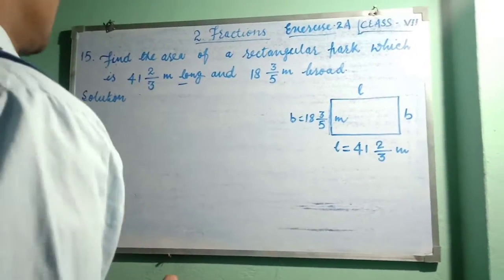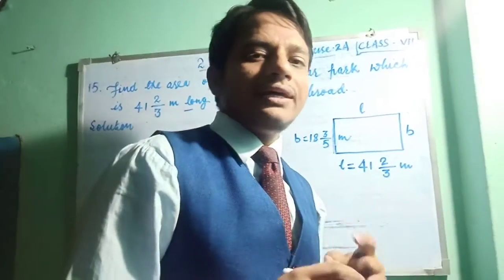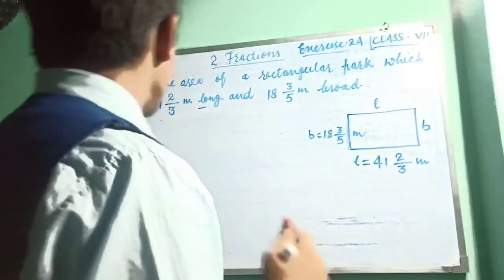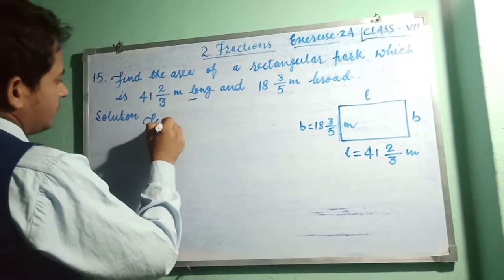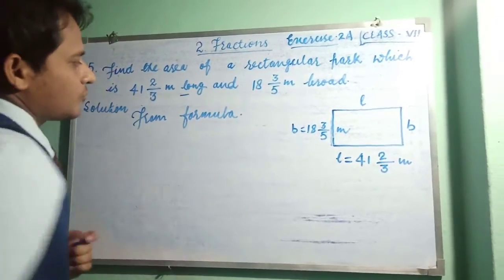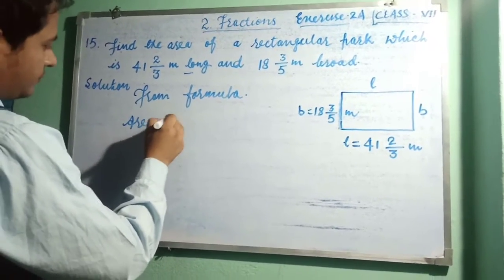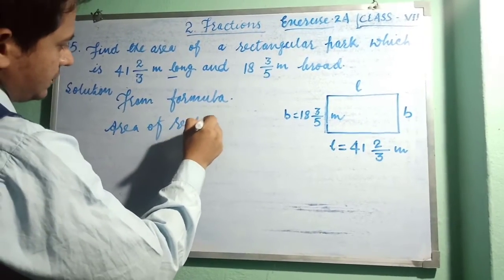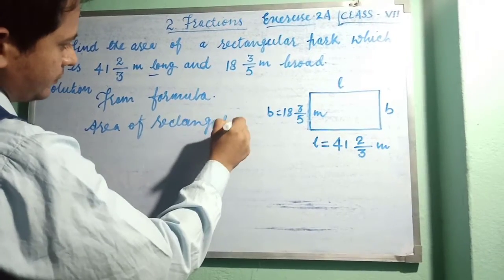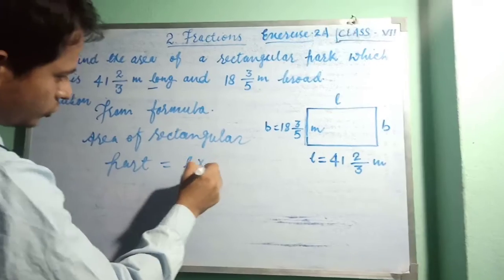Now find the area. Remember, area of a rectangle or area of a rectangular park is length into breadth. From the formula, area of rectangular park is equal to length into breadth.